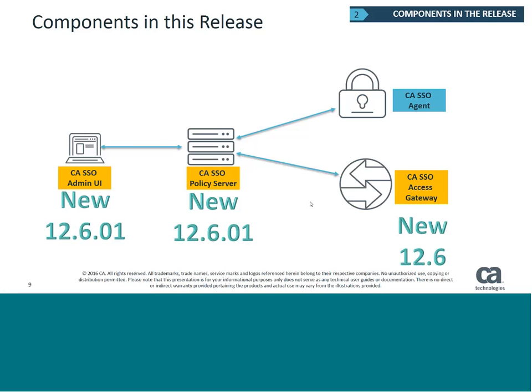So a couple of quick comments on this slide, and you'll see this replicated in information ahead. The version number associated with the admin UI and the policy server is 12.6.01. And the access gateway is 12.6.